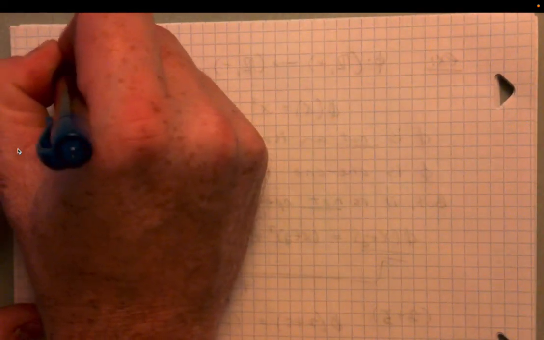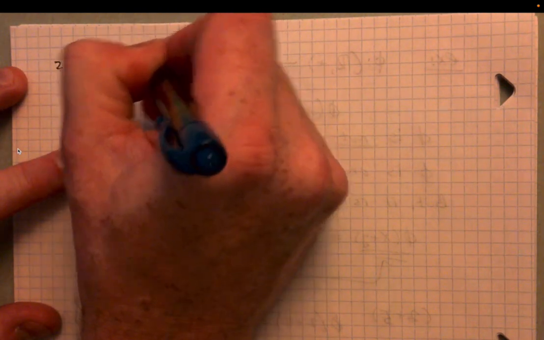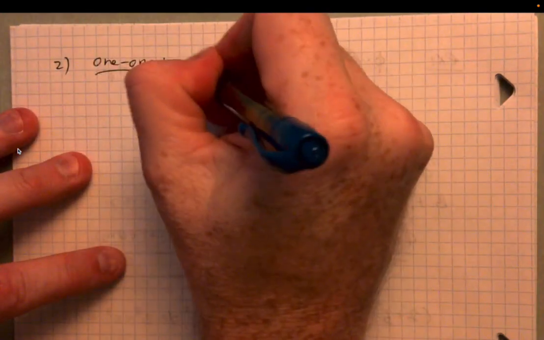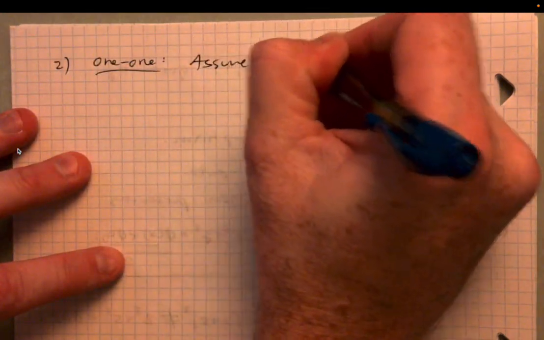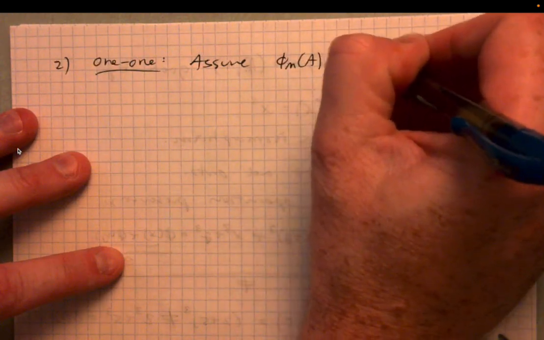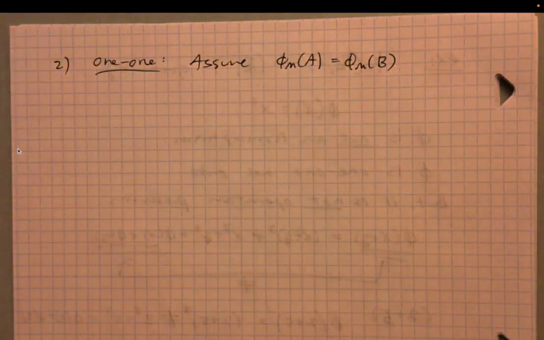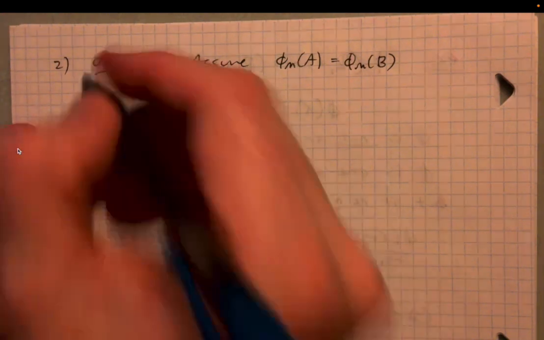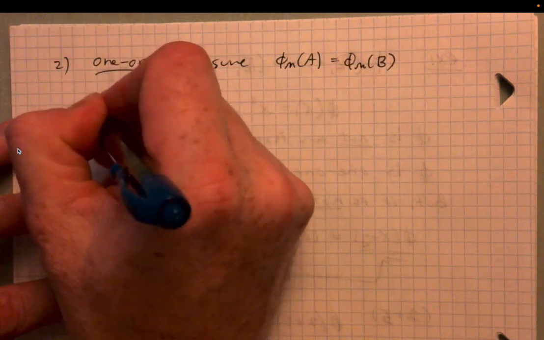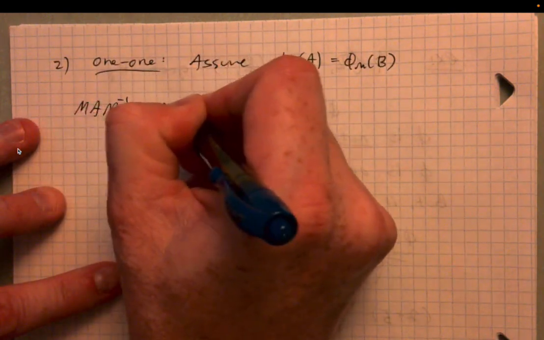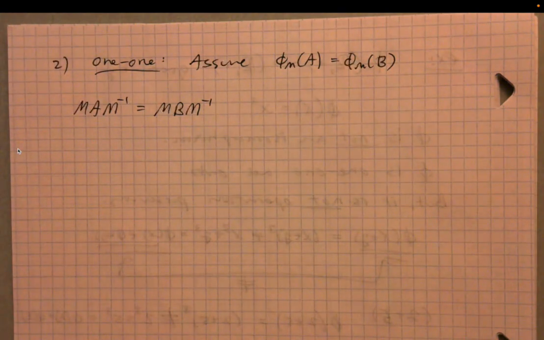Second, is phi as defined one-to-one? Let's find out. Assume that phi of M of A equals phi of M of B. What we need to show is that this implies A and B are the same matrix. If this is true, then M A M inverse equals M B M inverse.